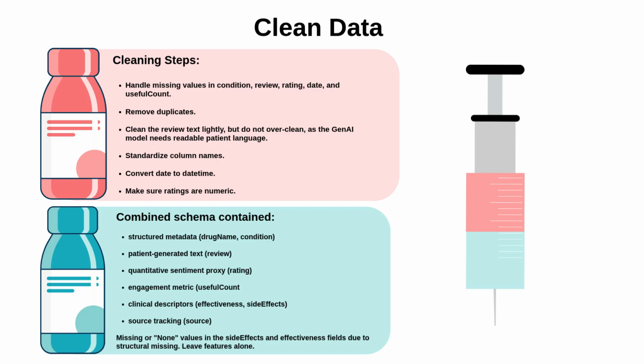Other cleaning steps included removing duplicate records, standardizing column names, converting dates into date-time format, and ensuring ratings were stored as numeric values. We also performed light text cleaning on patient reviews while preserving the original language, since the generative AI model benefits from natural human-written text.